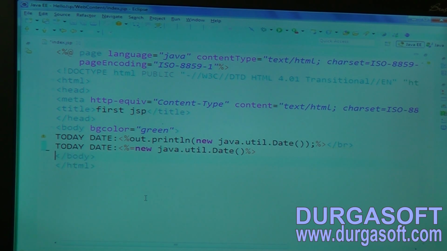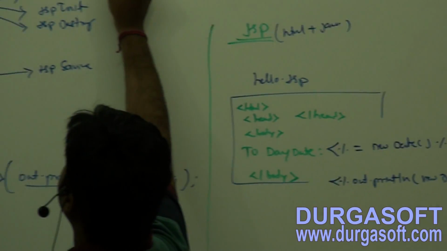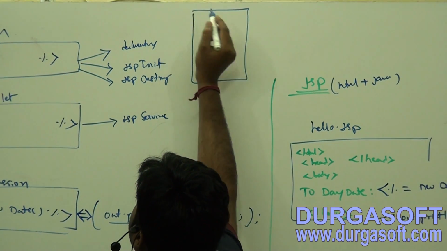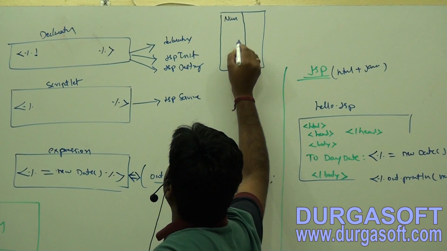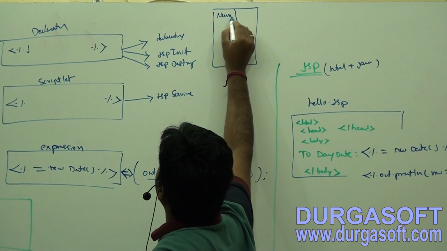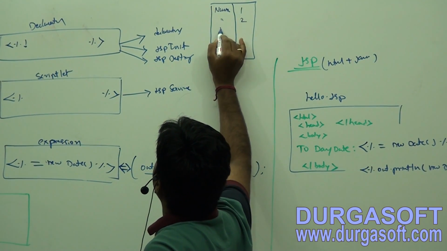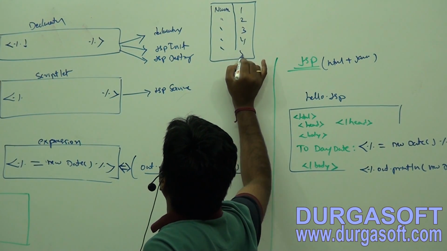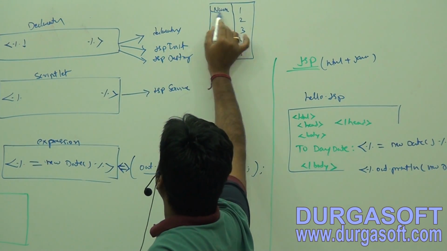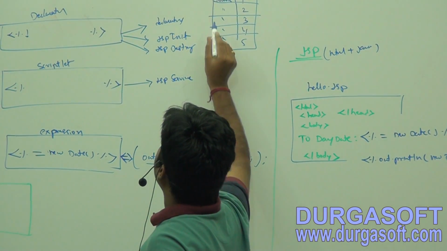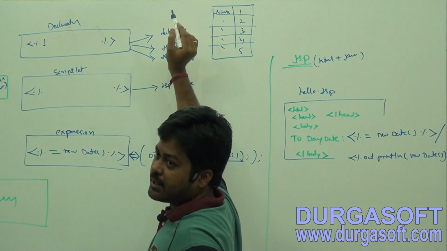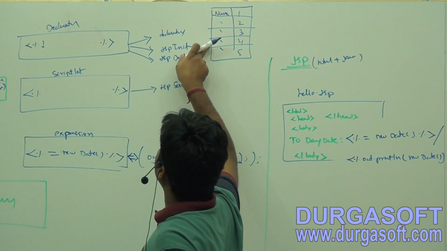I'll give you one more example here. I want to generate one table along with multiple rows. This kind of table I want to generate here. In this table I want to put one column, number, and here those number values I want to put: number 1, number 2, number 3, number 4. Some dynamic content I want to put here, as a table. So you can call this one a TD, this one a TD, right? And how many rows? 1, 2, 3, 4, 5.